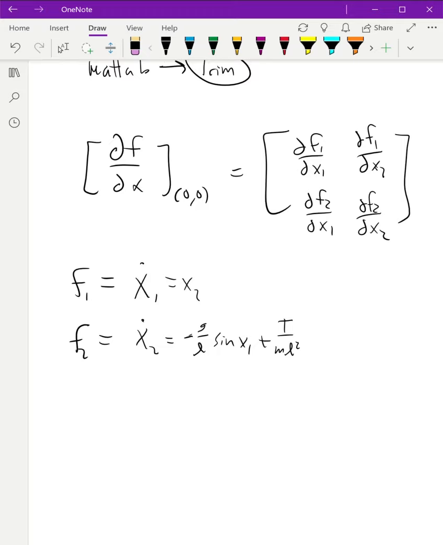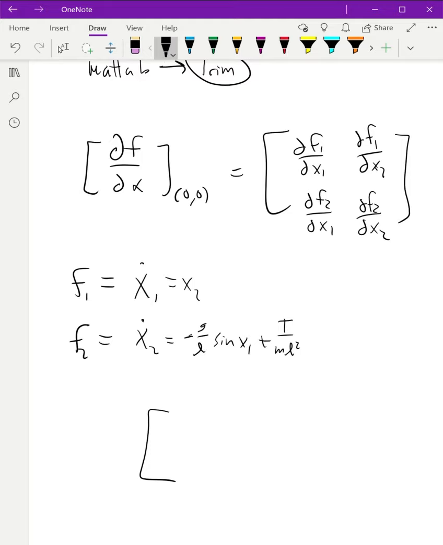Right, and also on task 2, your Jacobian will be a 4x4 matrix, whereas here we only have a 2x2 matrix.